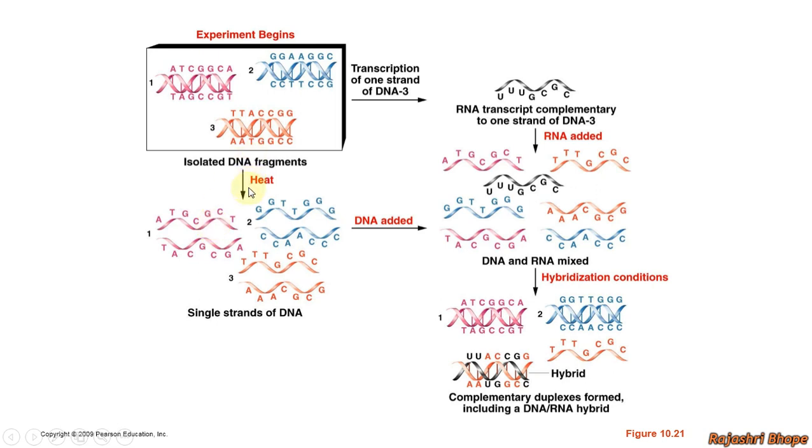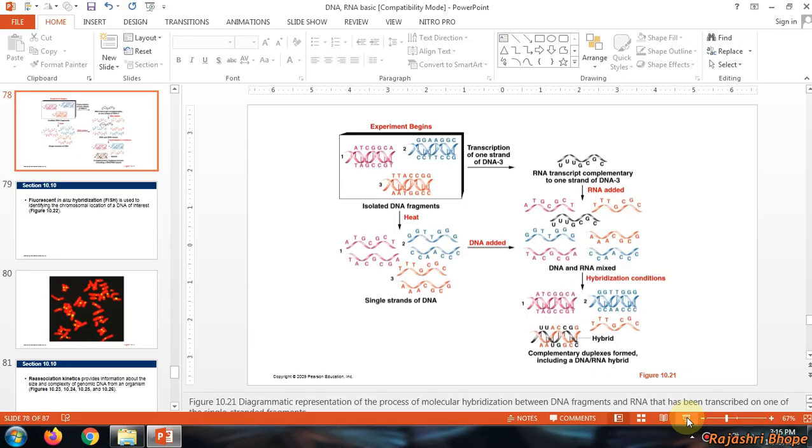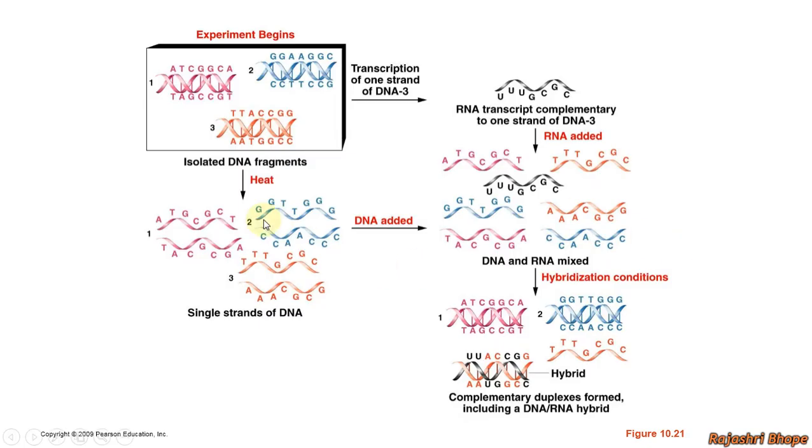Now as you heat this solution, you will find six separated single-stranded DNA molecules. As these hydrogen bonds are broken, since initially there were 3 double-stranded DNA molecules, they are converted to 6 single strands of DNA.